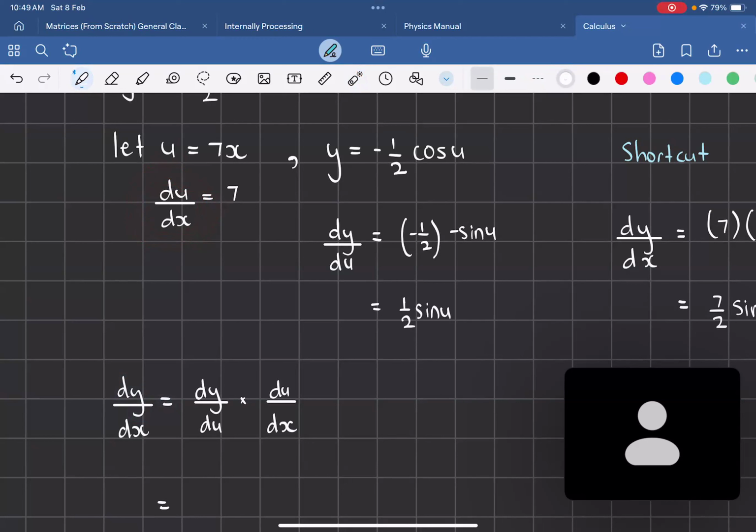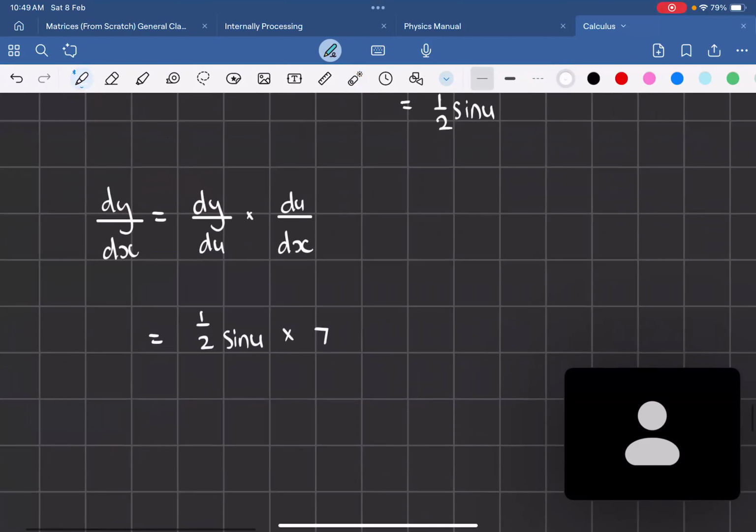So we'll end up with dy du, which is a half sine u, multiplied by du dx, which is 7. So what will that work out to be, Kiara? Forget your answer, we're looking at this on the screen right now. You need to move forward. How are we going to move forward?